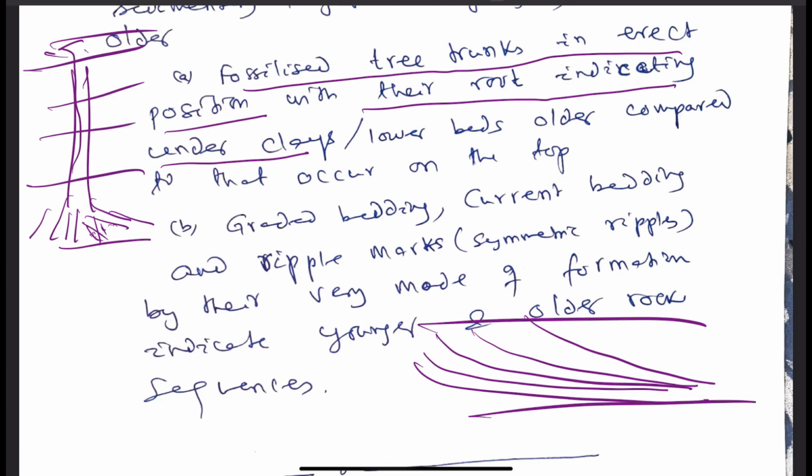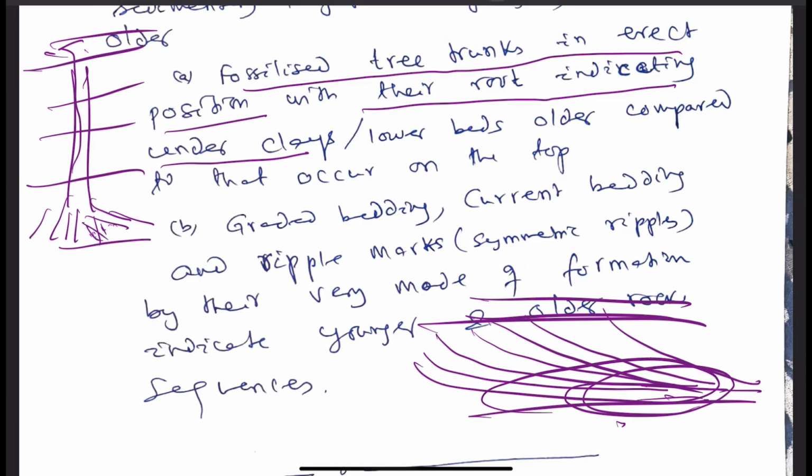This is the bottom side, this is the foreset beds, this is the topset bed. So this tangential ending of the beds indicates the lower sequence, this is the middle sequence, this is the top sequence. Thus, this is older, this one is younger.